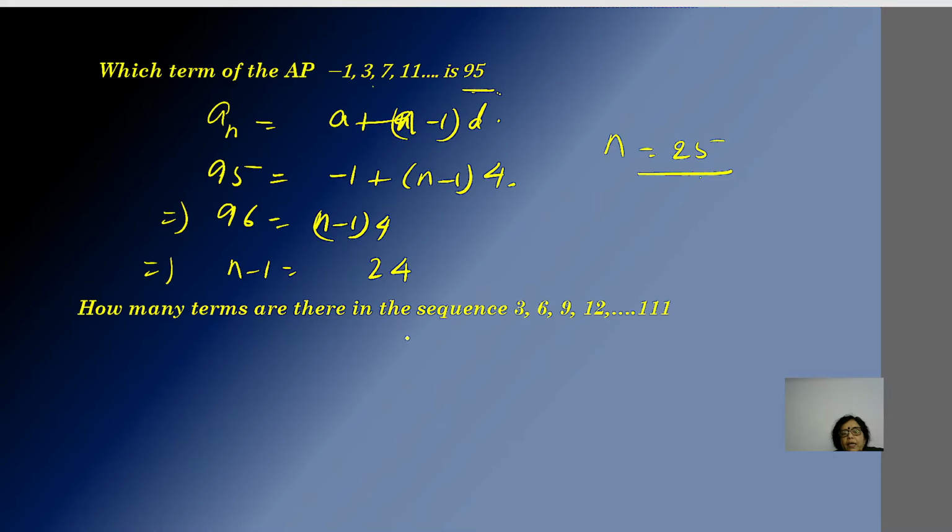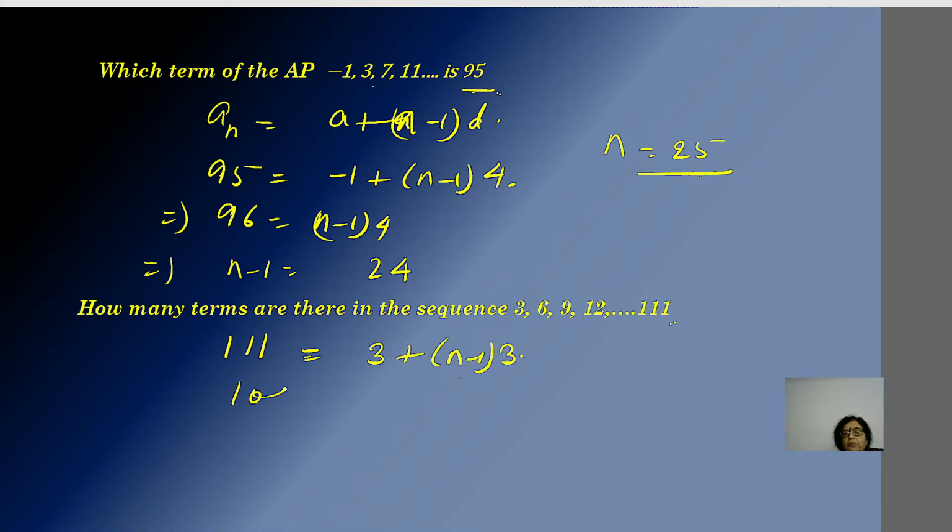The next one is how many terms are there in the sequence 3, 6, 9, 12, up to 111. It's the same type of question, but here we have to find the number of terms, and this suggests that 111 is the last term. So 111 is the nth term, or an, and we can write 111 is equal to 3 plus n minus 1 into d, that is 3.